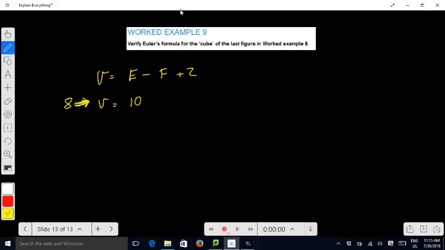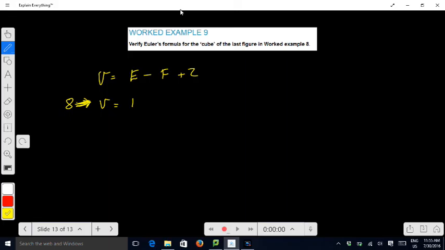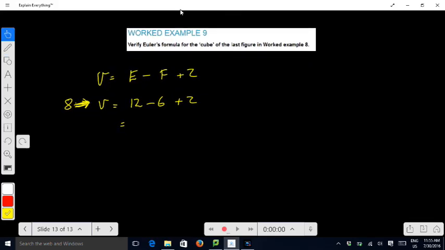No, 12, sorry. So we got 12. The number of faces was 6. And we add 2. So 12 take 6 on a good day is 6. 6 plus 2 is 8, which is what we had. Alright, so that's all we need to do for that.